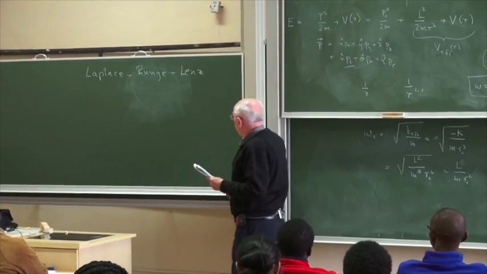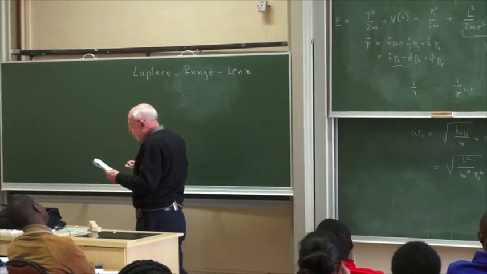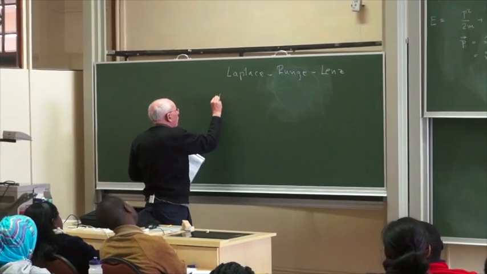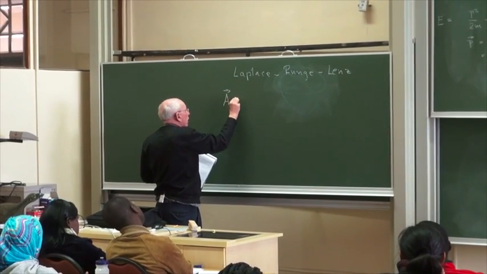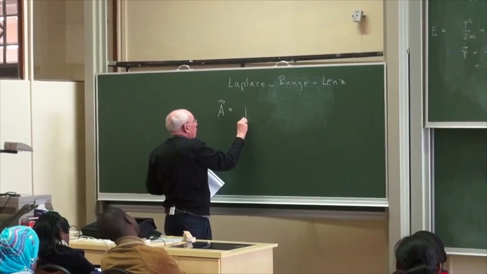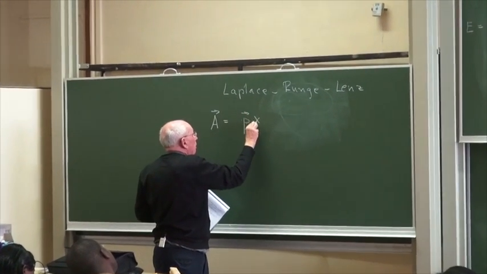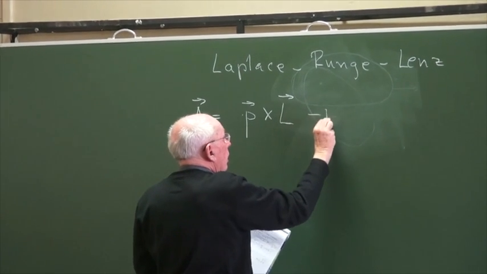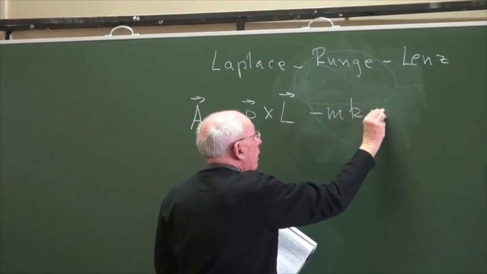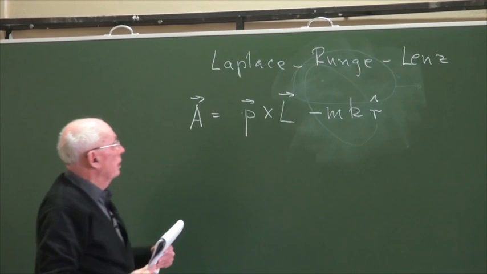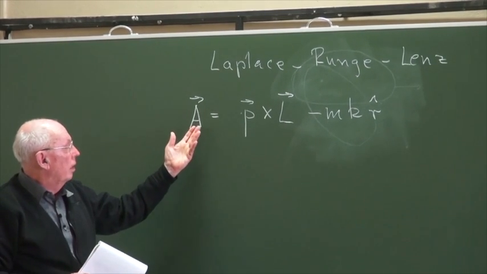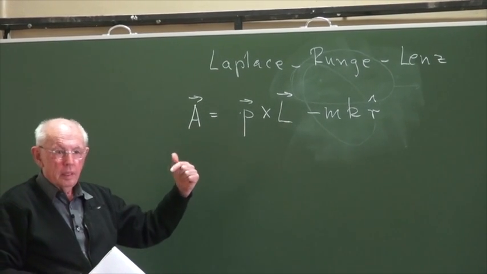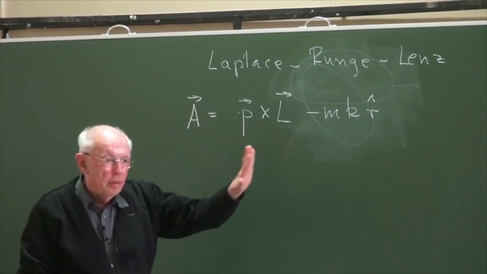The vector they found is called the vector A, which is constructed as P cross L minus mkR. This is a vector which lies in the plane.